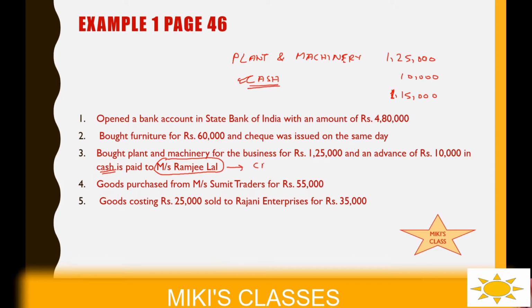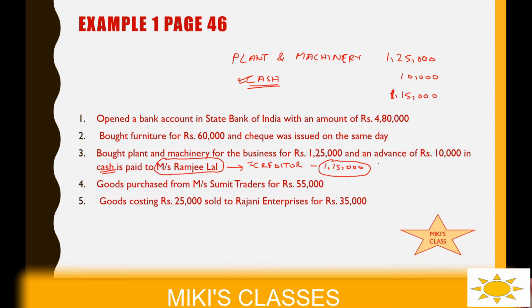So Ramji Lal becomes a creditor for the business, which means Ramji Lal has to get some payment from the business. How much is the payment? He needs to get 1,15,000. And depending upon the agreement, after how many months or how many days that has to be paid will be determined.